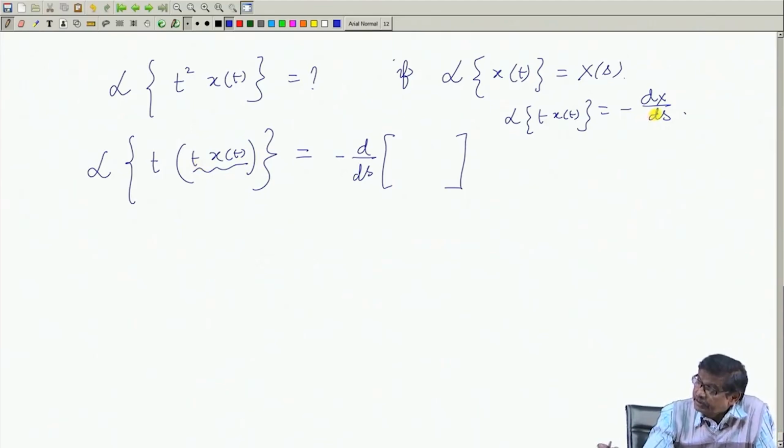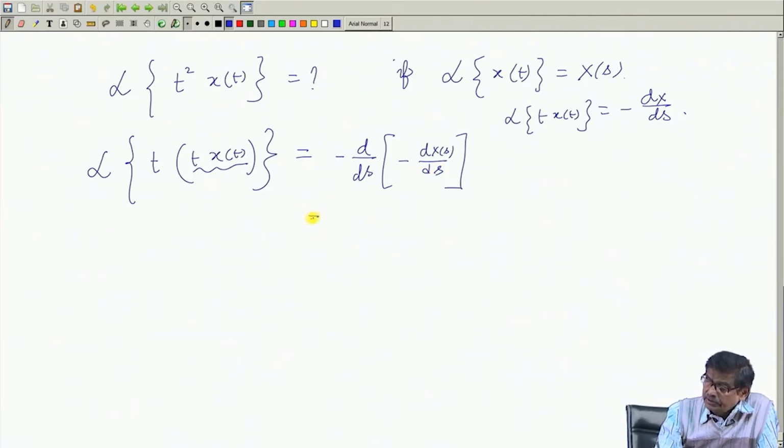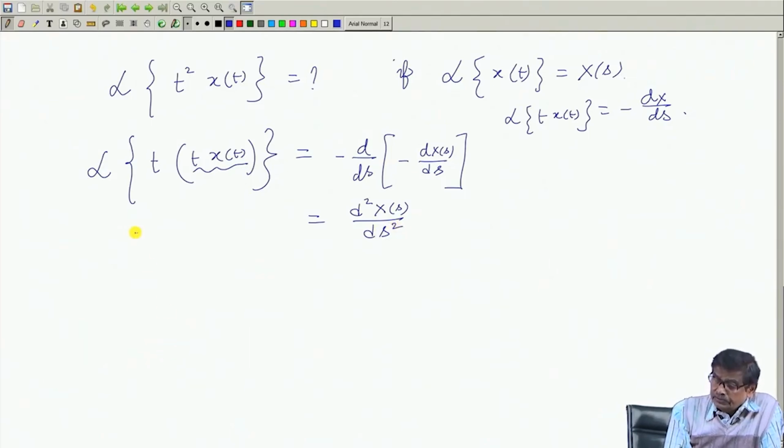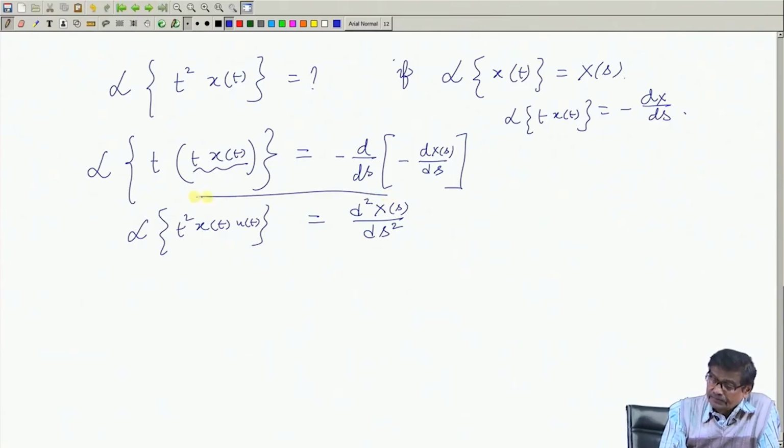This quantity's Laplace transform is minus dX/ds. So, put it here, and it will come out to be d2X(s)/ds2. So, the Laplace transform of t square into x(t) u(t), of course, is this one.